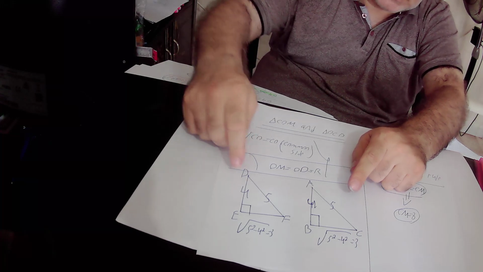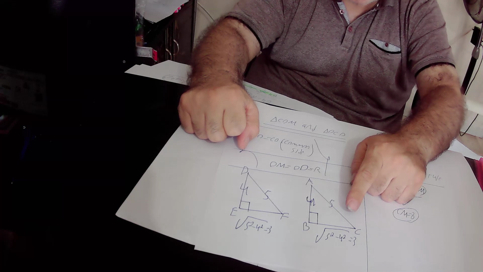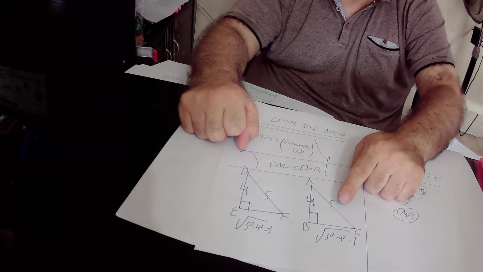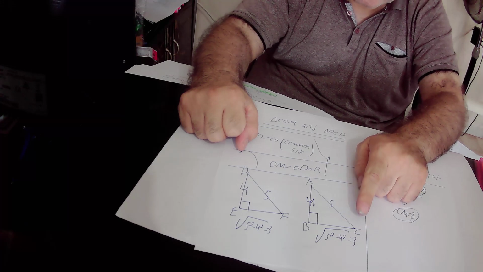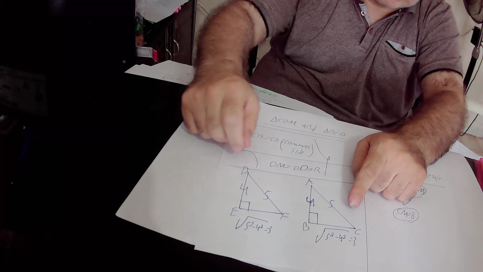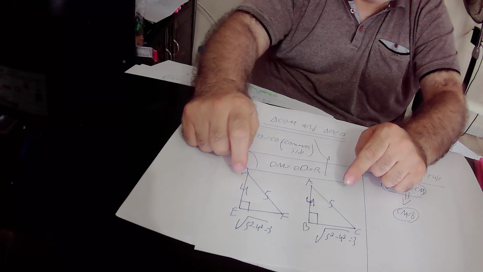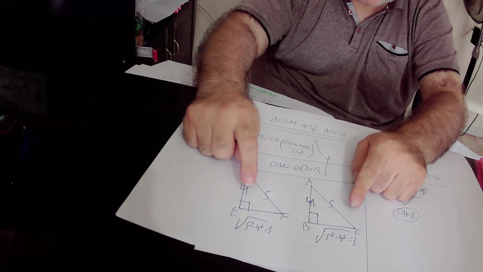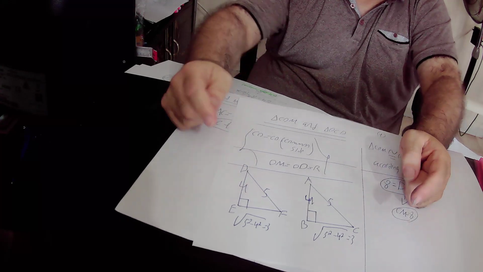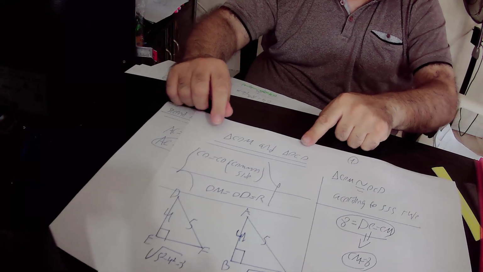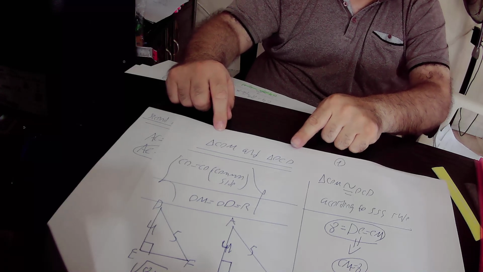Because according to the Pythagoras theorem, in this example, the value of the third side BC here is the square root of 5 squared minus 4 squared, this is 3. So we can say that if we have hypotenuse and one perpendicular that are congruent, then the third side must also be congruent. Here BC equals EF equals 3. Therefore, those two right triangles must be congruent to each other according to side rule.